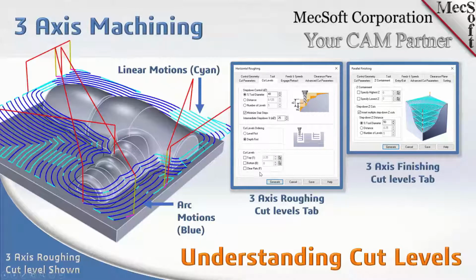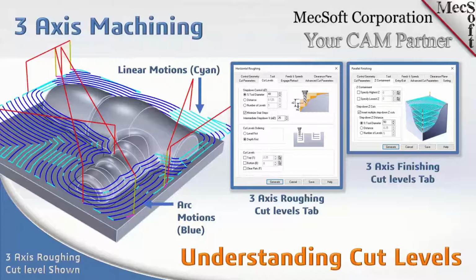And then cut levels, you also can set some containments. Don't go any deeper than a certain dimension. Don't go any higher than a certain dimension. Or if you want to make sure the tool clears a flat area and puts a tool path right on a flat surface, you can check this box here. On the right, we have what's called a Z containment tab in 3-axis.